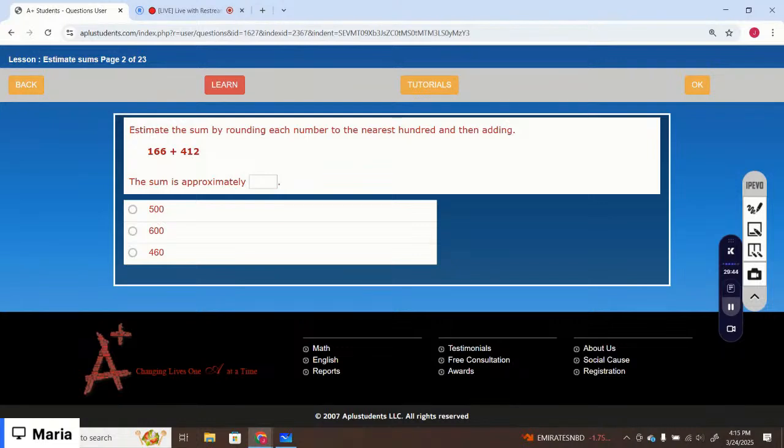Estimate the sum by rounding each number to the nearest 100 and then adding. 166 plus 412.